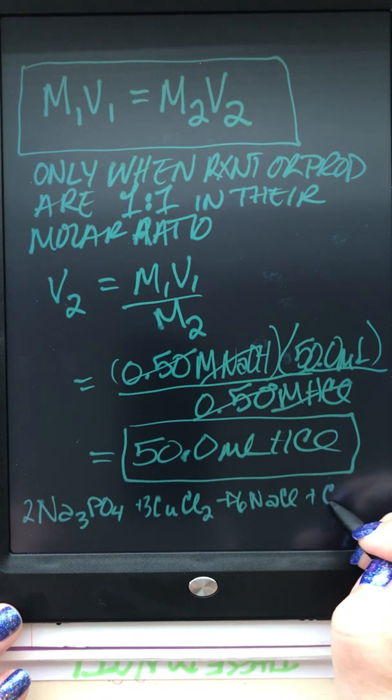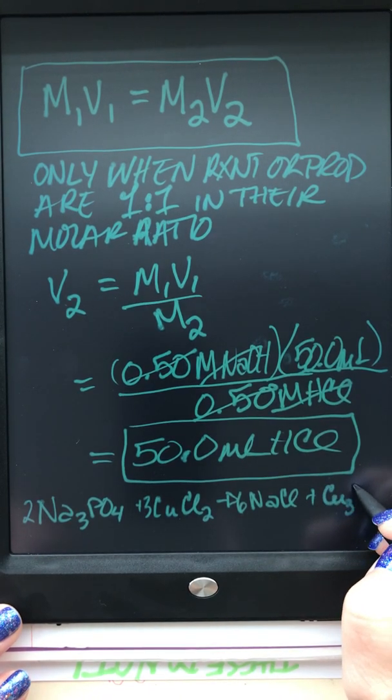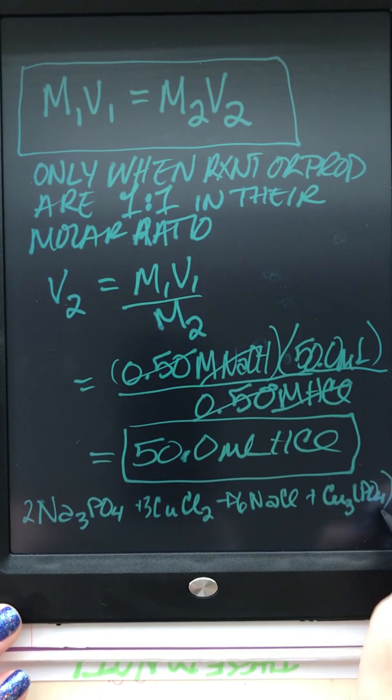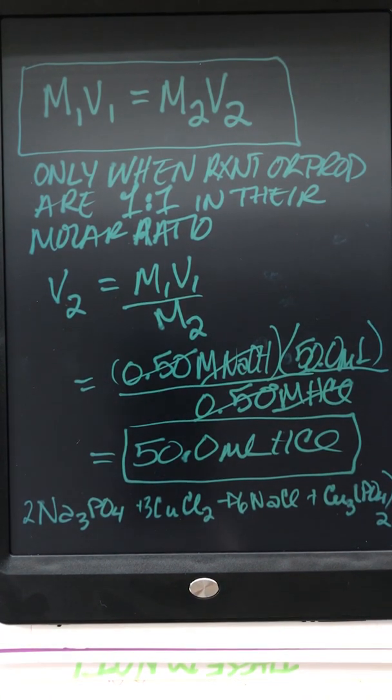And I think you guys have a little bit of trauma about this problem or something resembling it, right? So you guys see how the stoichiometry is not 1 to 1, right? So you cannot use M1V1 equals M2V2 unless the stoichiometry is 1 to 1. Okay? That's super important.